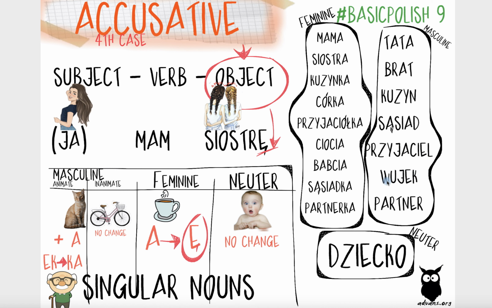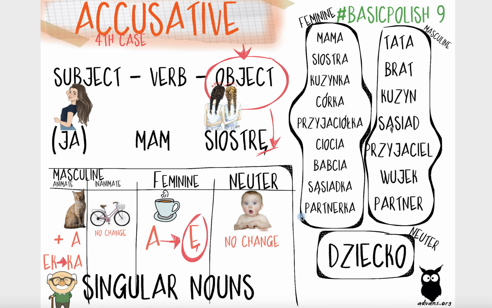We don't say wujeka in accusative, but we say wujka, right? So ek becomes ka. I would like you to make that note. So wujka is my accusative form. So in order to say I've got an uncle, you would say mam wujka.